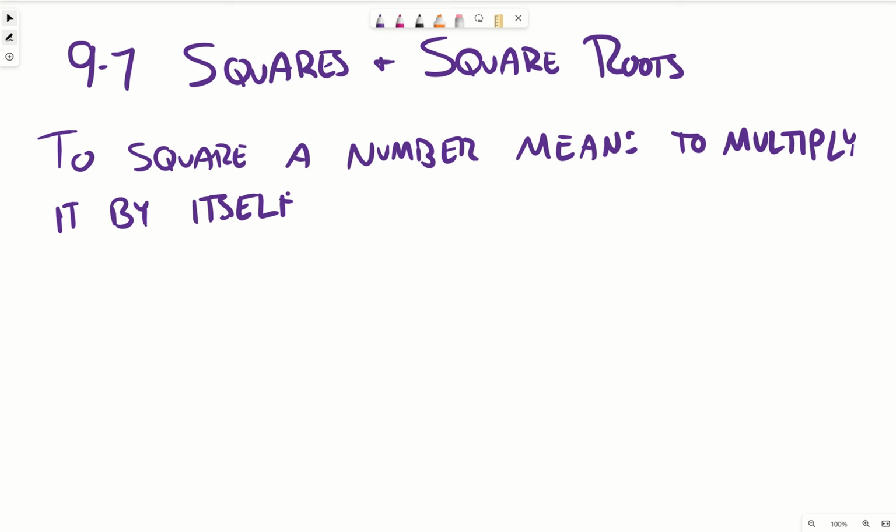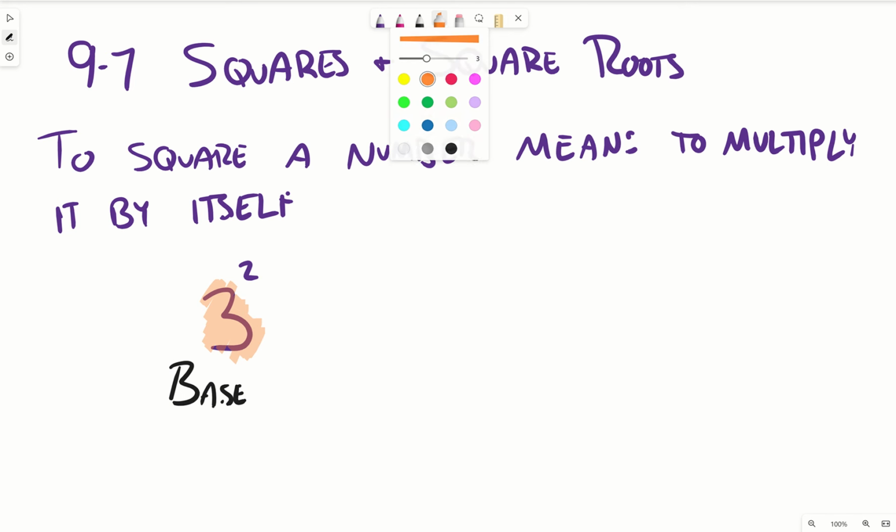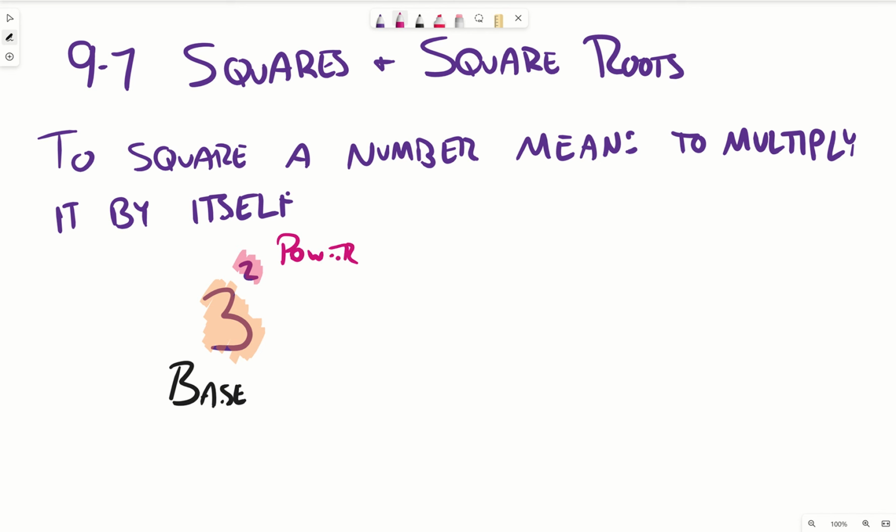So when I square a number, I have something like 3 to the power of 2. Right? These numbers have different meanings. This one here is called the base, and this one up here is called the power. So base and power, or exponent.